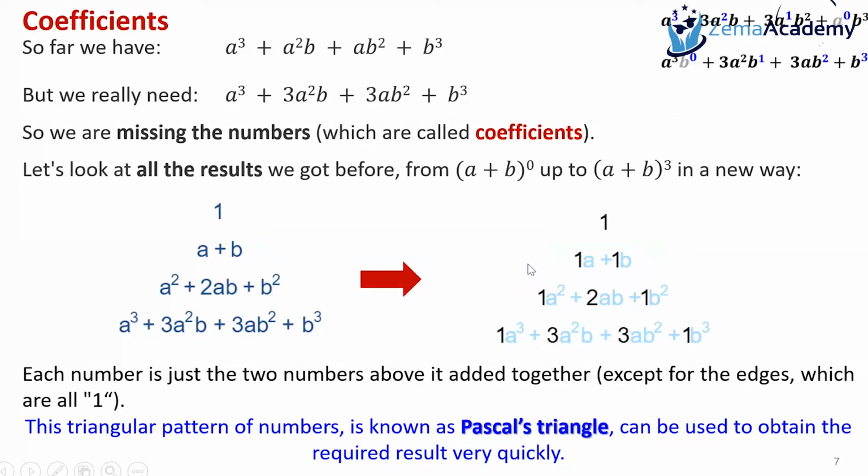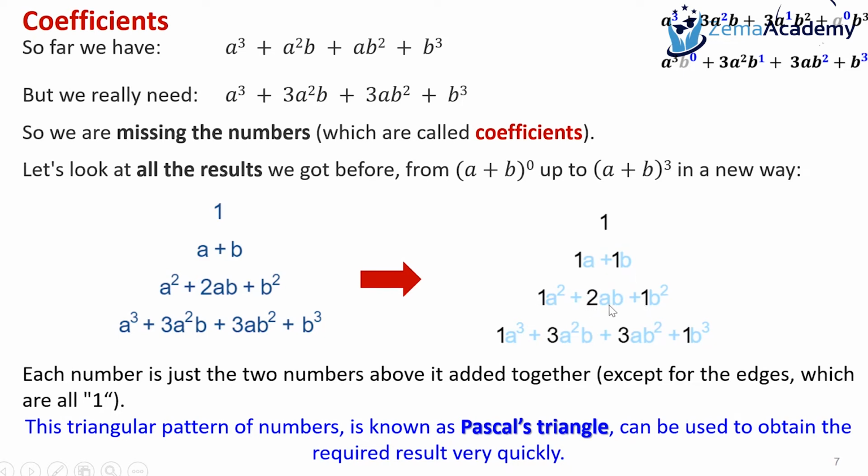When your n is 2, Pascal's triangle will show you the coefficients for that. Then when n is 3, you will see the coefficients as 1, 3, 3, 1. And how are you getting these middle values? You are just adding up the top two numbers together to get the middle one.